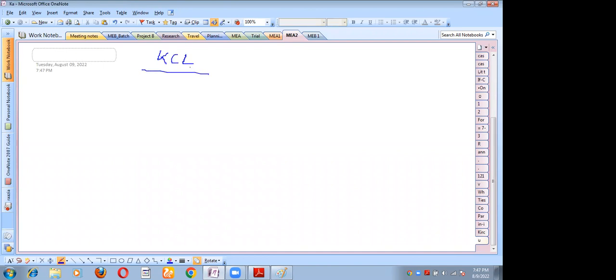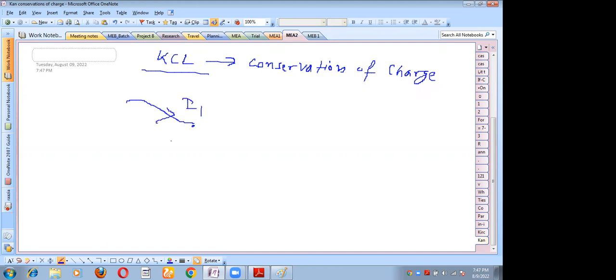So what does KCL say? It is based on conservation of charge. Suppose we have a junction, and at the junction we have a number of currents like I1, I2, and the outgoing current is I3.